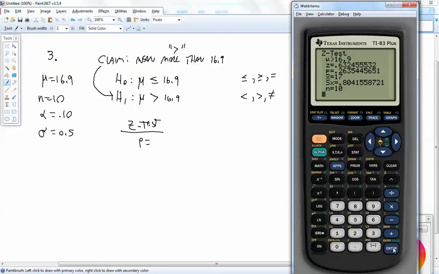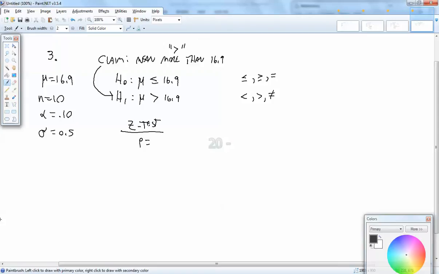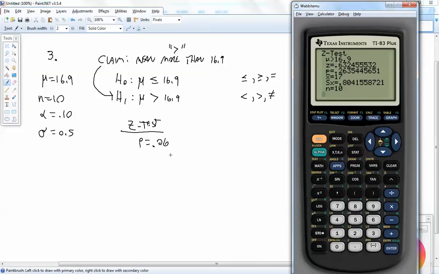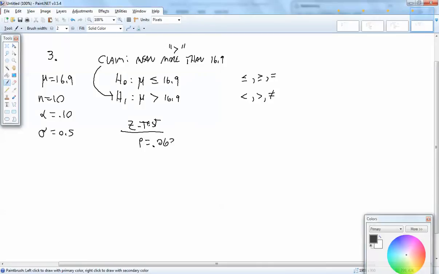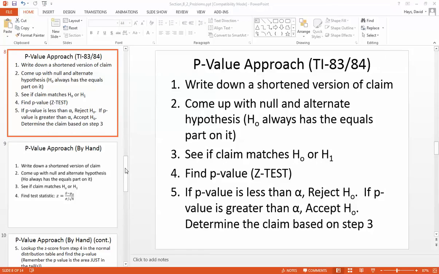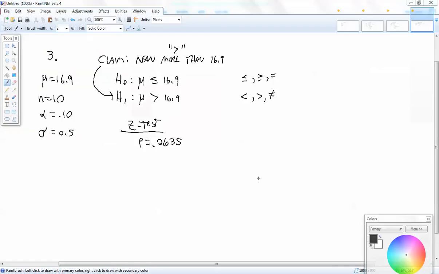That's a decent p-value. I guess I did a pretty good job of guessing this time. 0.2635. There's no scientific notation there. That is actually our p-value. Is the p-value less than alpha? Definitely not less than alpha. Alpha's 10%.